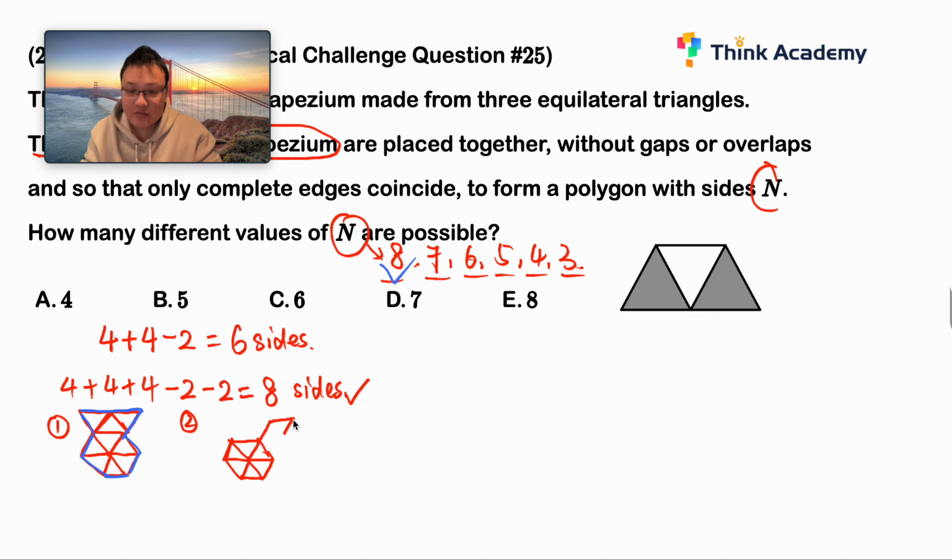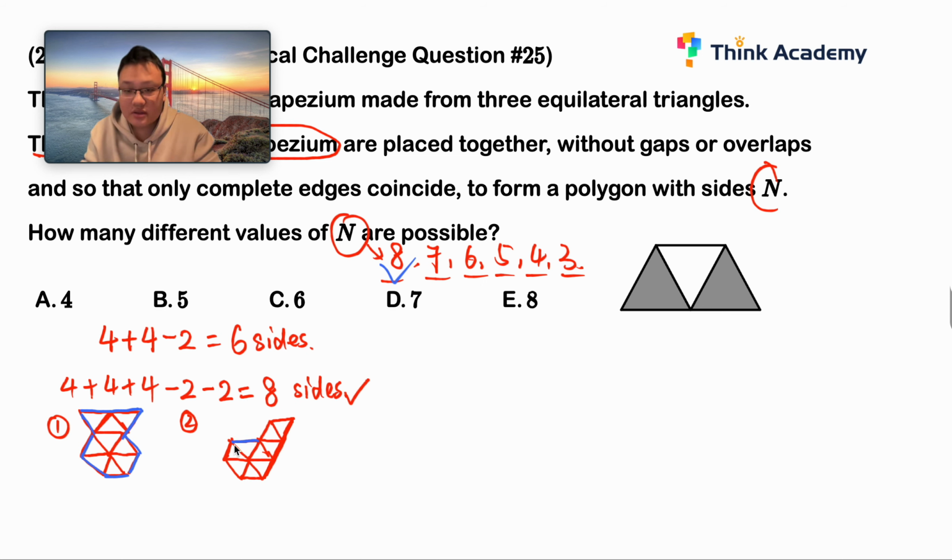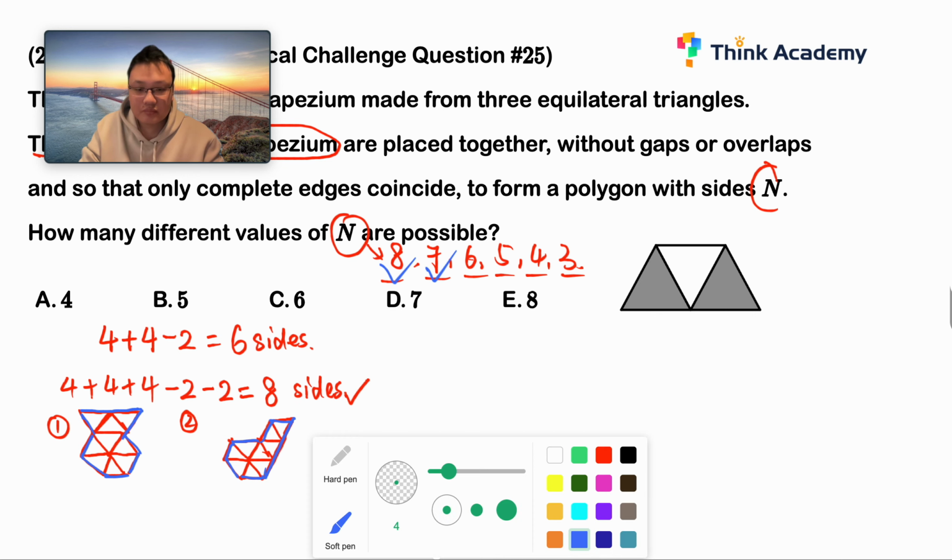Because if we put it this way, you can have one less side, because these 2 sides will be only one. And this will be a 7 sides polygon. So let me count that: 1, 2, 3, 4, 5, 6, and 7. And that means for 7, we can still get that, right?